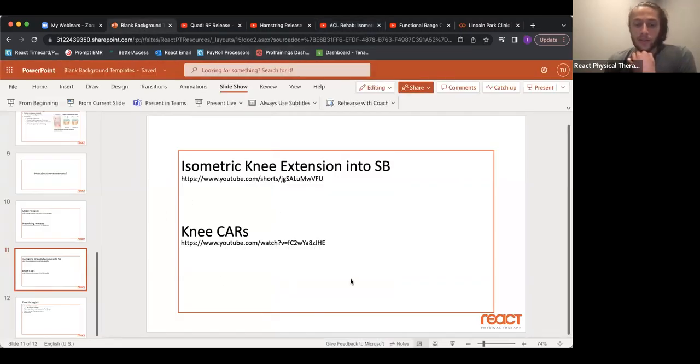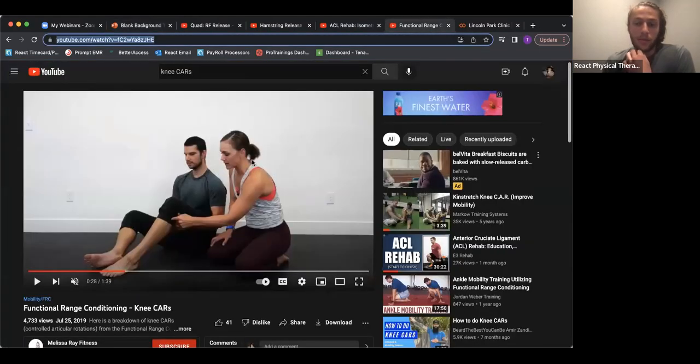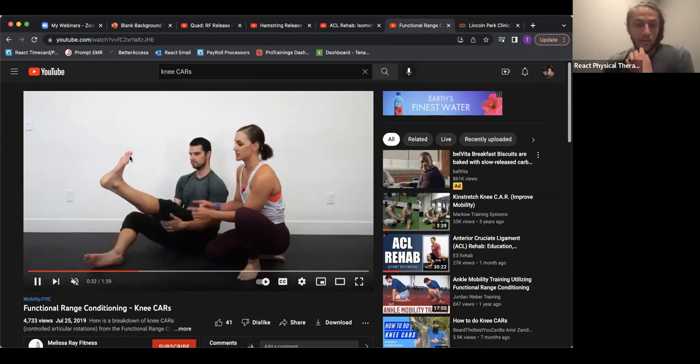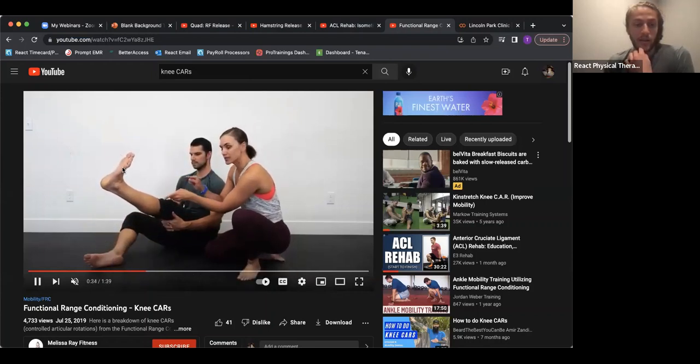The last one I like to do is some knee CARs. CAR stands for controlled articular rotations. And it's basically a big acronym for your joint's full range of motion. So with the knee, we can see here, she's going to have him straighten the leg while also bringing those toes to the outside.